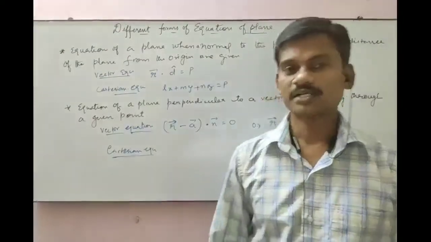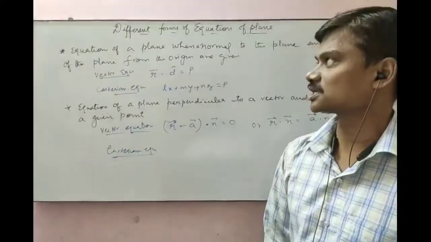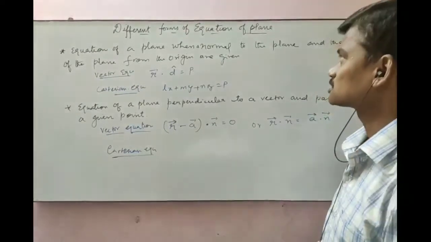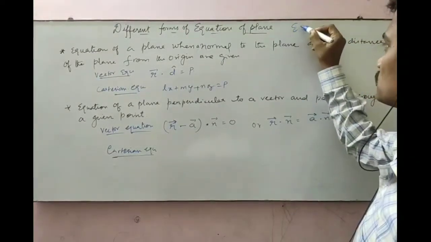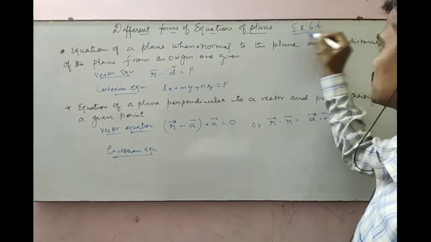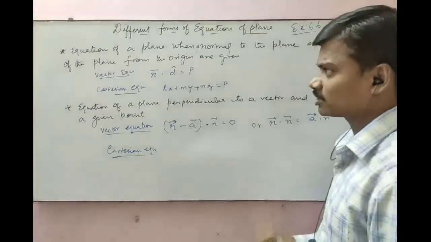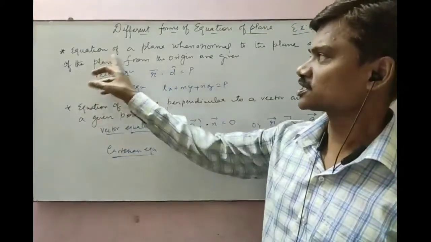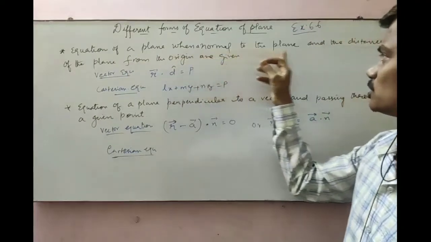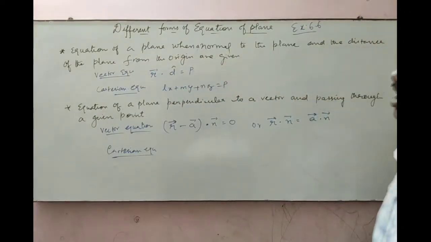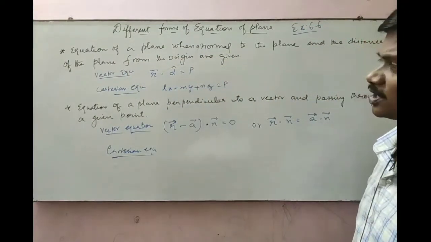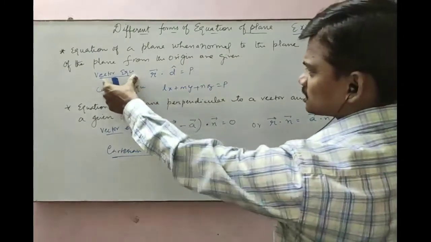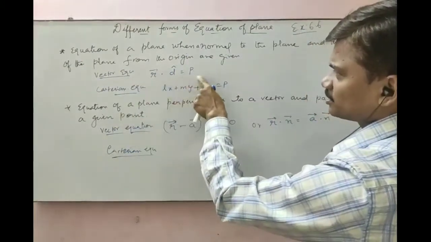Now we will see the formula related to this, exercise 6.6. The related formula is the equation of a plane when a normal to the plane and the distance of the plane from the origin are given. Then the vector equation is r dot d cap is equal to p.